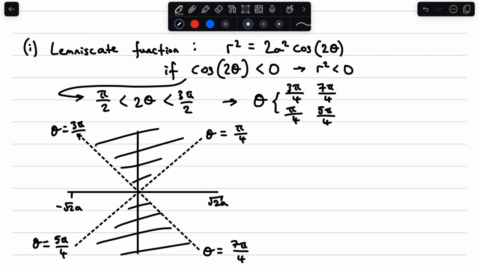And that will happen when theta is 0 or pi, so that will be along our x-axis in a sense. And so to draw this, we're going to be ending up with this sort of shape. As you can see, that was very badly done, but it's basically meant to represent this symmetric figure of 8.